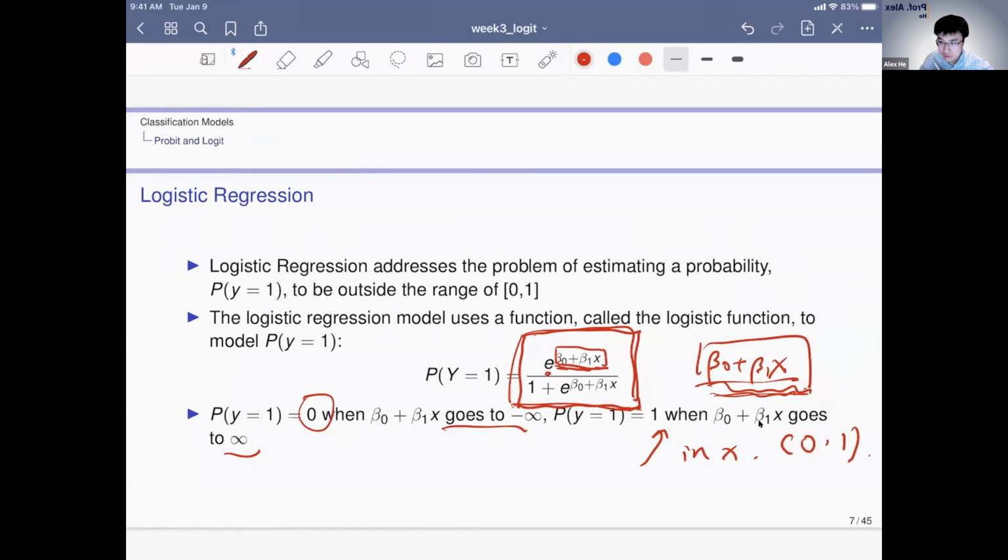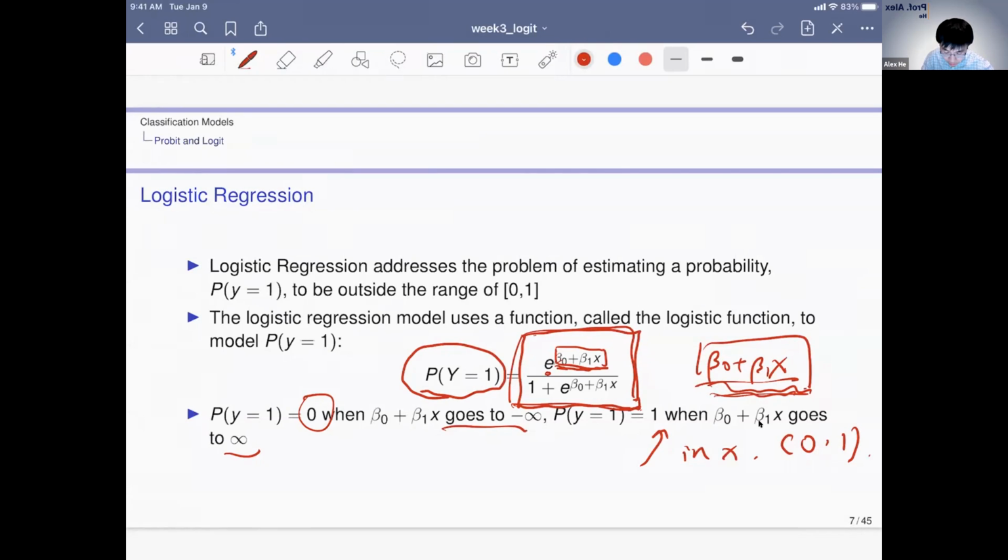Okay, so this is increasing in x, and it ranges from 0 to 1. It will actually never give you exactly 0 or exactly 1, but it's a value between 0 and 1. And the interpretation of our prediction is the probability that y equals 1.